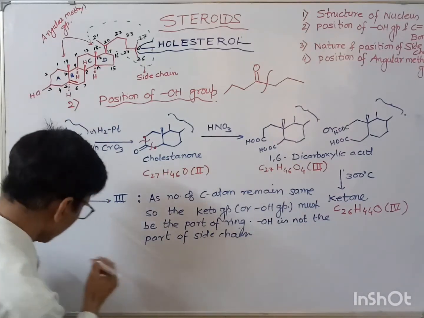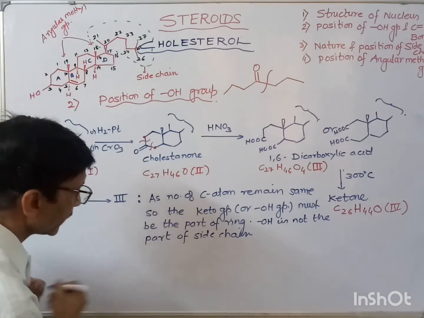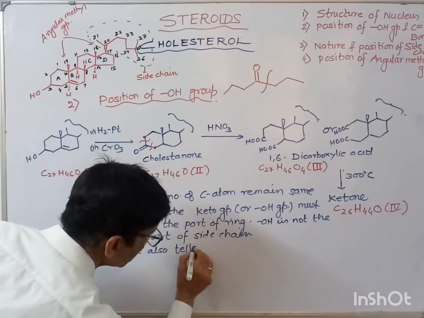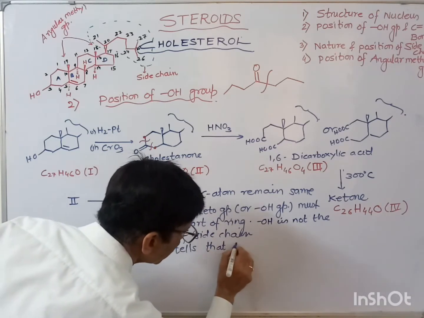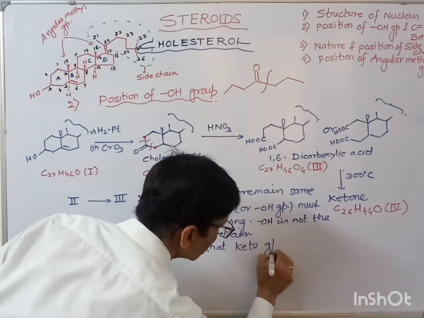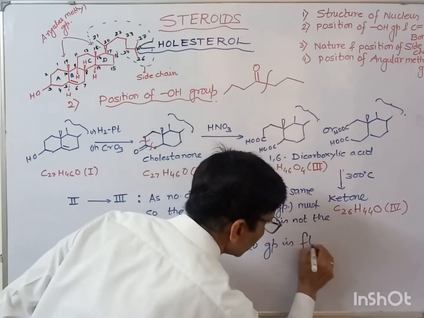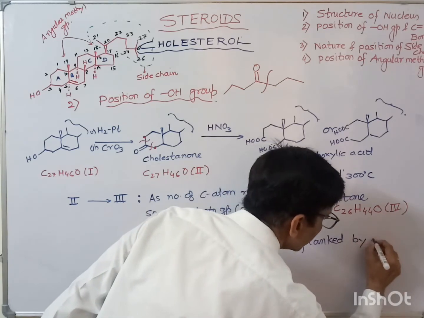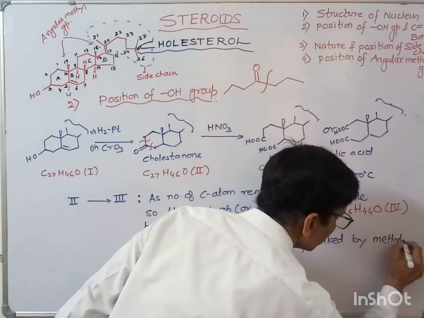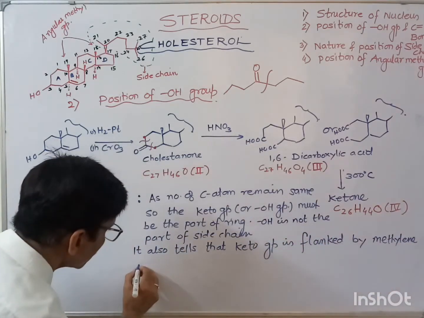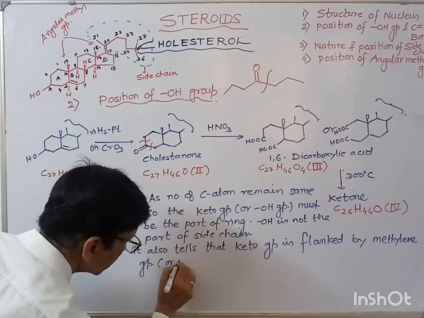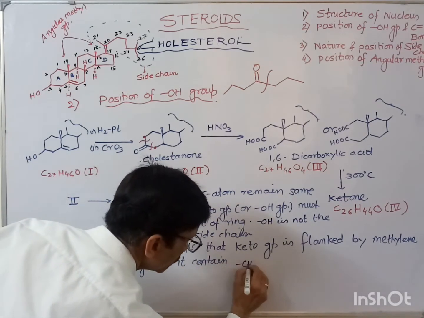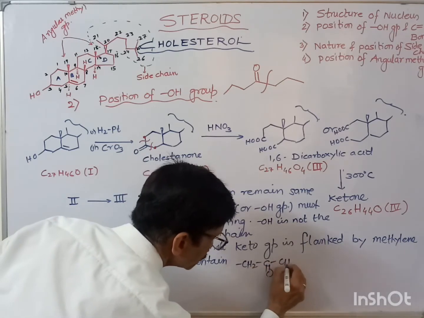So what we may write is that it also tells that the keto group is flanked by methylene groups, or it contains a CH2COCH2 group.